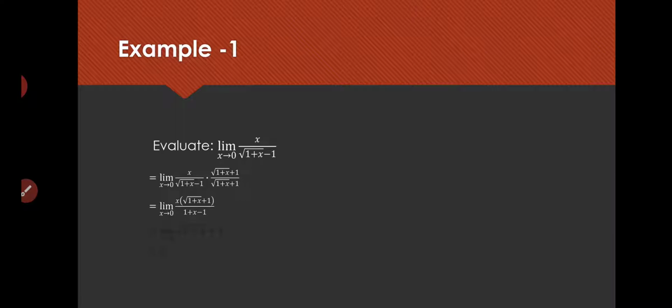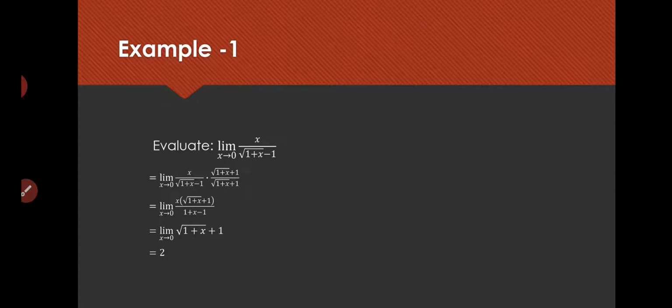So 1 and 1 get cancelled, x and x get cancelled, and I am left with root over 1 plus x plus 1. Here I can directly put the value of x, that is 0, and after putting it, the value comes out to be 2. So this is our answer.